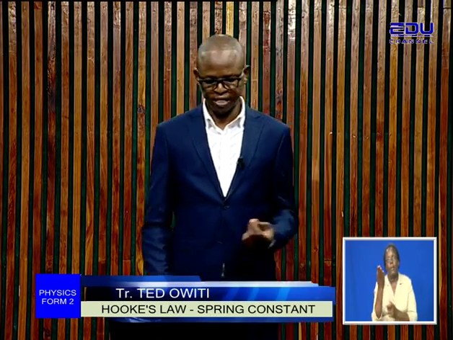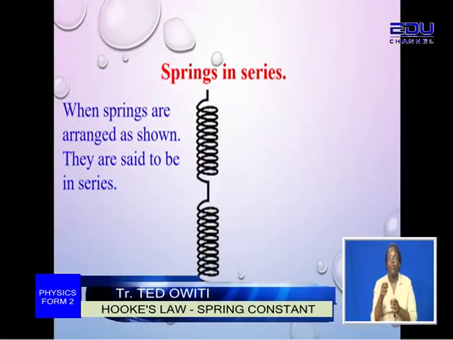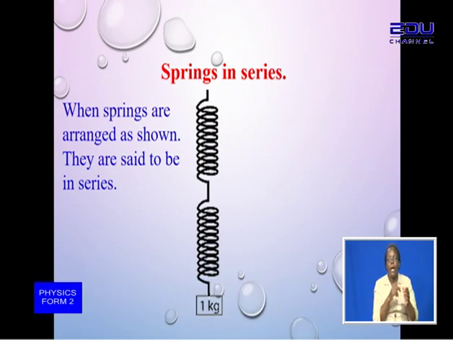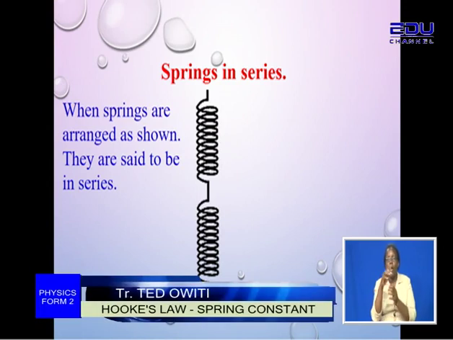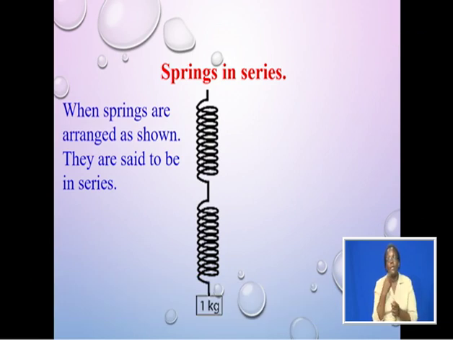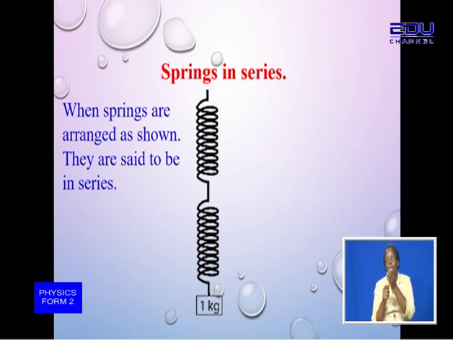So when springs are arranged as shown, you can see we have one spring on top of the other. Then they are said to be combined in series. And our 2 springs have a 1 kilogram mass attached to both.